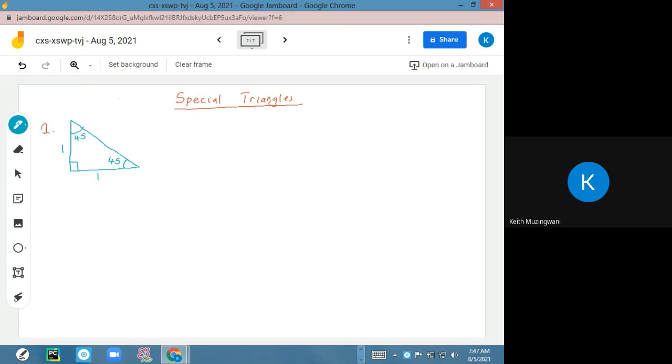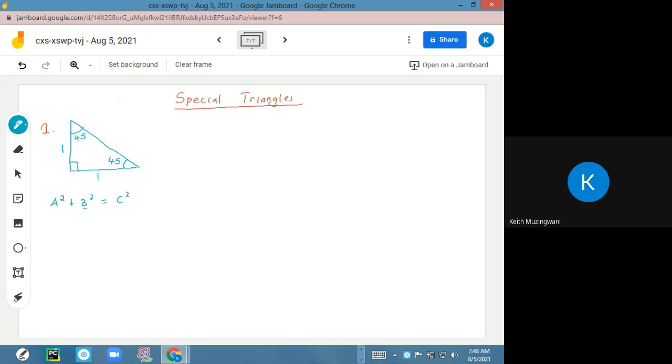And Pythagoras theorem says that to get the other side, you square the adjacent and the opposite. You square them. Pythagoras theorem says you get a squared plus b squared to give you c squared.